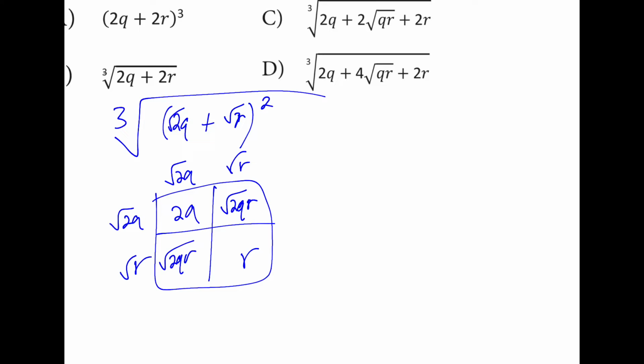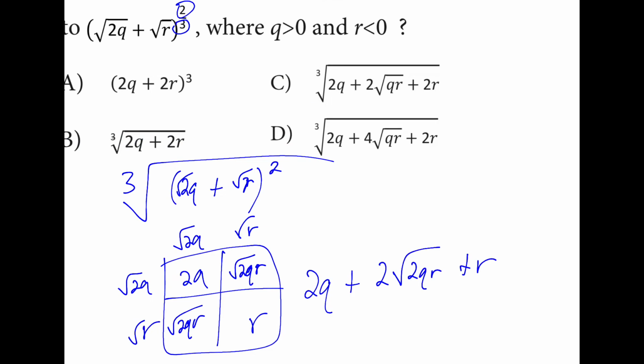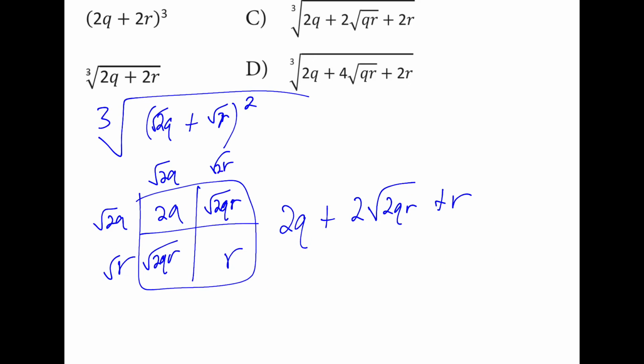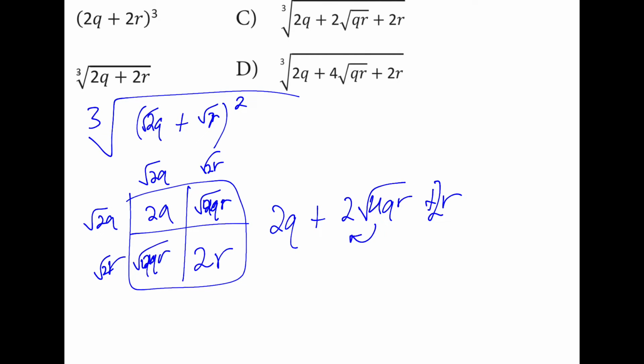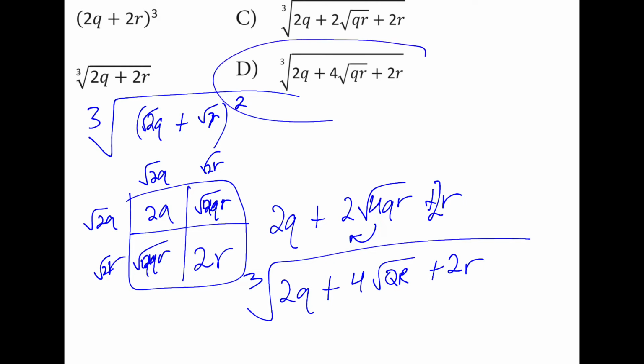When I combine like terms, I get 2q plus, and this is right about where I think this should be a 2r as well, because if it was, this would be a 2, this would be a 4, and now I can pull out the square root of 4 is a 2, and I have 2q plus 4 root qr plus 2r. And all of this is still underneath that cube root, which gives me d.